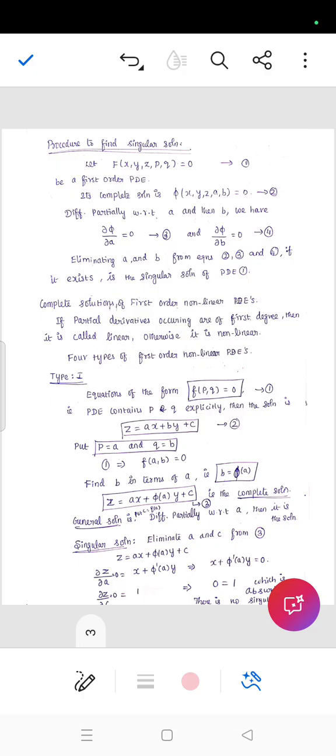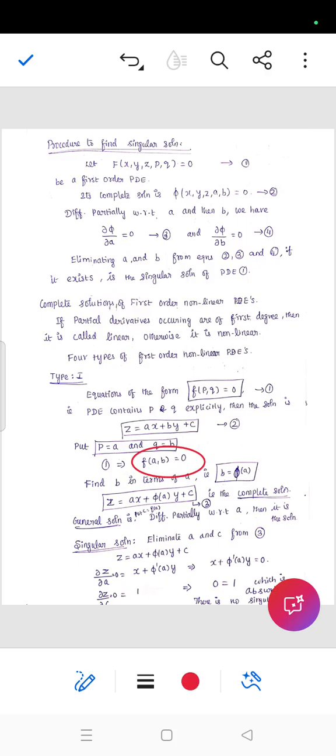If the given equation is f of p comma q equal to 0, first of all you have to write z equal to ax plus by plus c as the solution. Then, to find the complete solution, by putting p equal to a and q equal to b, we will get f of a comma b equal to 0. So equation 1 becomes f of a comma b equal to 0.